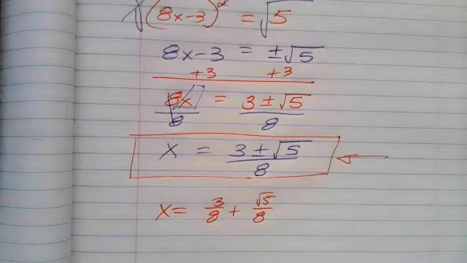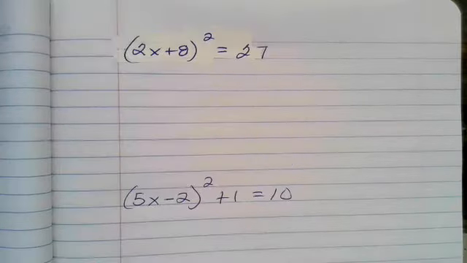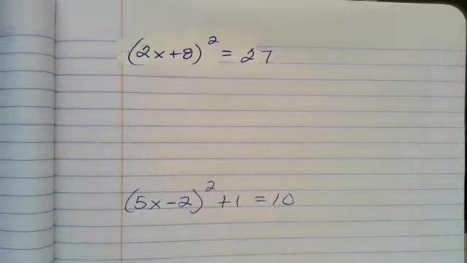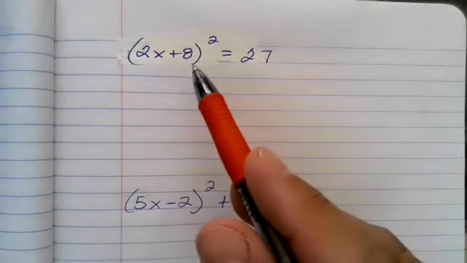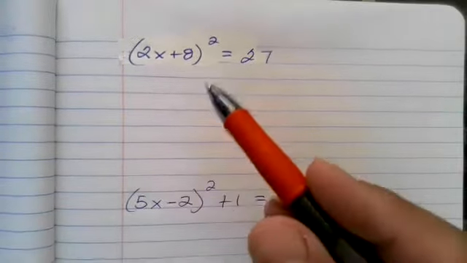Let's try some more. Let's look at these two examples. We want to solve these using square root method. I'll give you a minute. So in this case, the square binomial is already isolated.